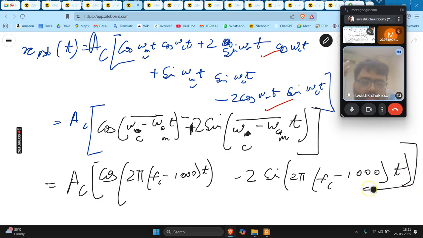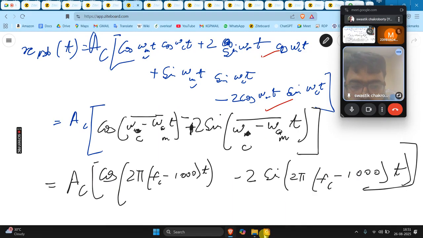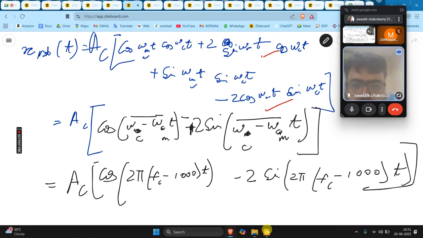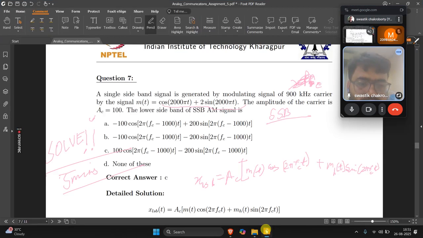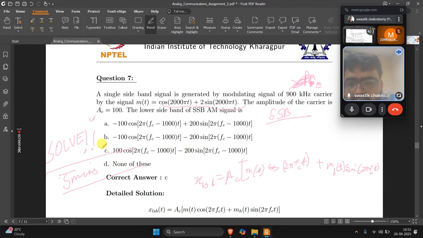This is the final expression. Now let's compare. So Ac is 100, cos 2 pi fc minus 1000 t minus 200 sin 2 pi fc minus 1000 t. So the correct answer is option C. Option C is your correct answer.